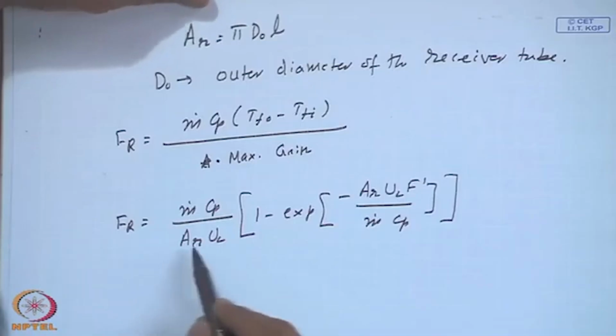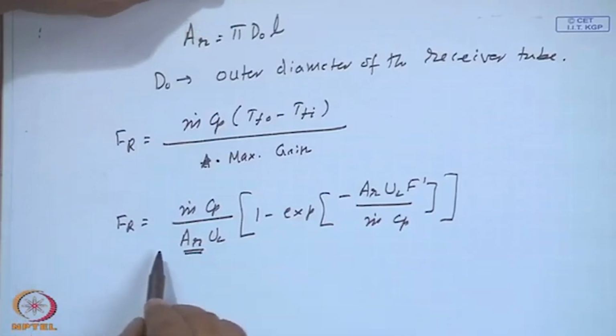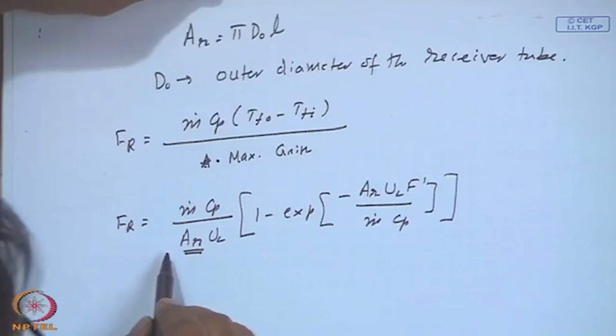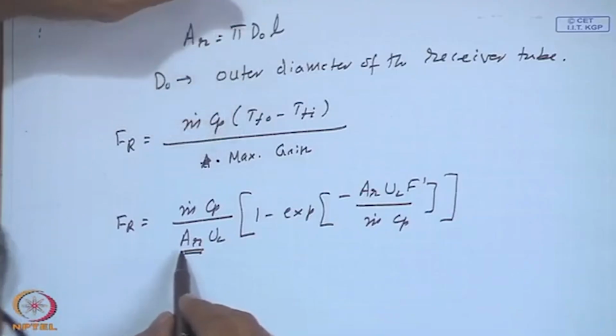So, the whole idea of this little bit of repetition is to say that the area of the receiver comes into the picture, whereas in the case of a flat plate collector, we do not distinguish between the receiver area and the absorber area, which is exactly the same, and we call it AC, the collector area.